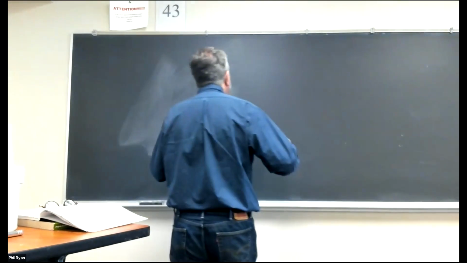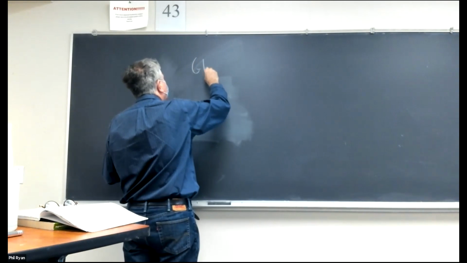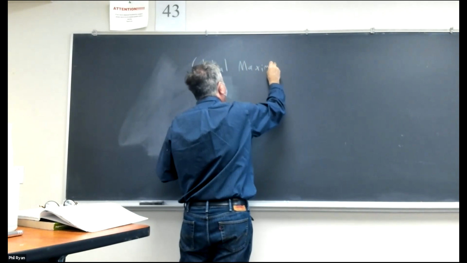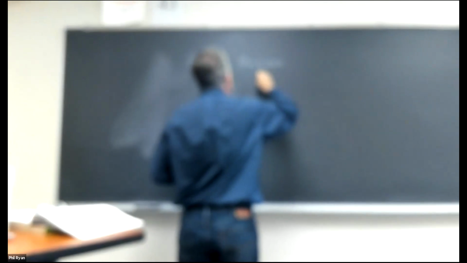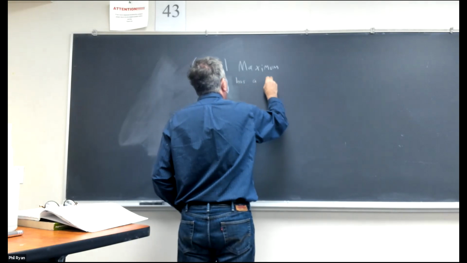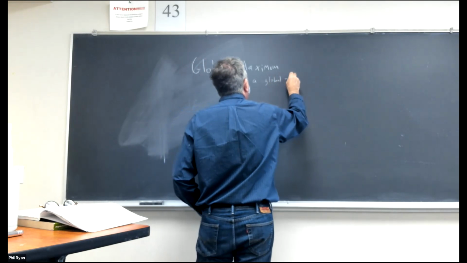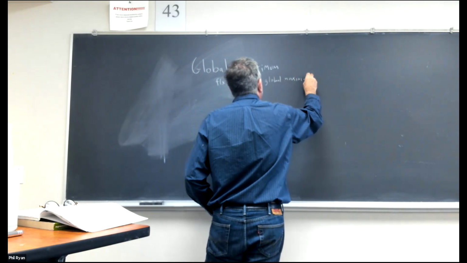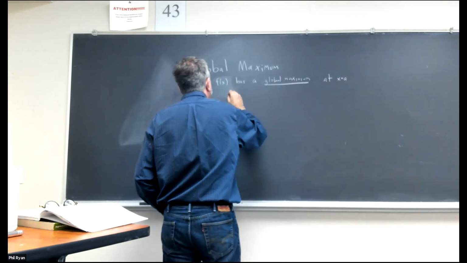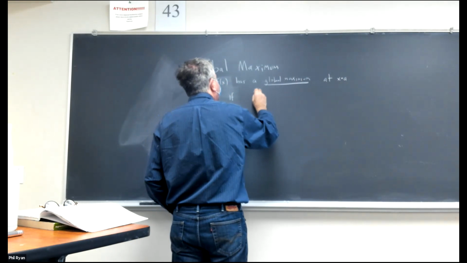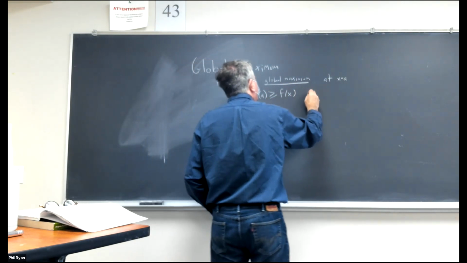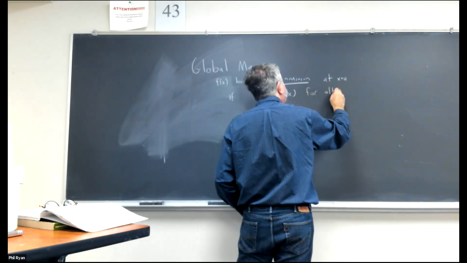So let's do a definition. f of x has a global maximum at x equals a means f of a is bigger than or equal to f of x for all x.